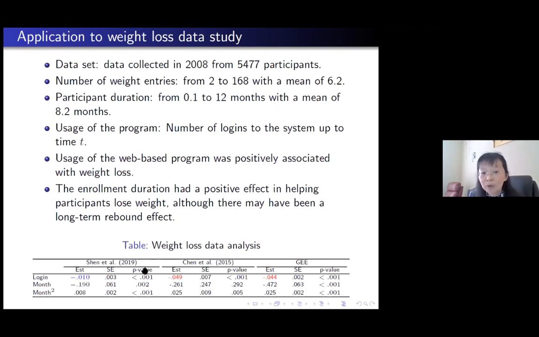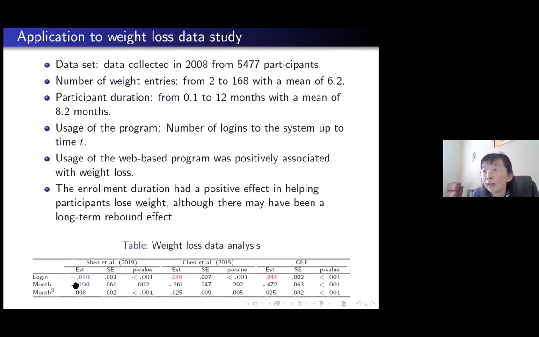We applied 3 methods and considered 3 time-varying covariates: the number of logins to the program up to time t, which was used as a time-varying measure of the usage of the program, the length in the program since the enrollment up to time t, and its square term. We found that all 3 time-varying covariates had significant effects on weight.